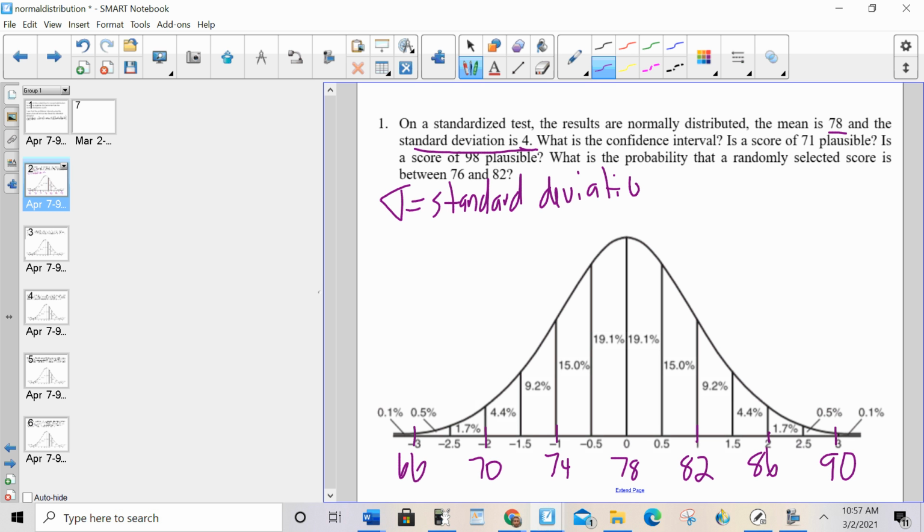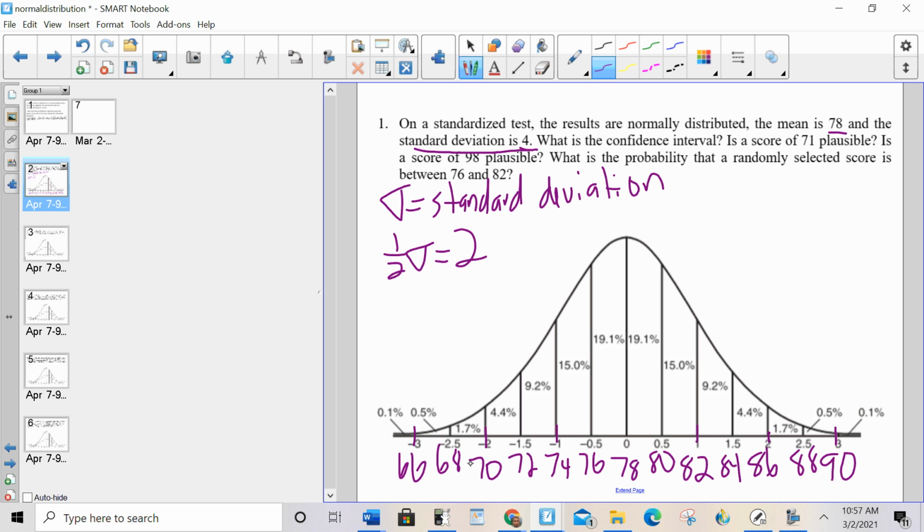It's a lot easier to write sigma than to write out standard deviation. So half of a standard deviation would be 2. So this would be 80, 84, 88, 76, 72, 68.